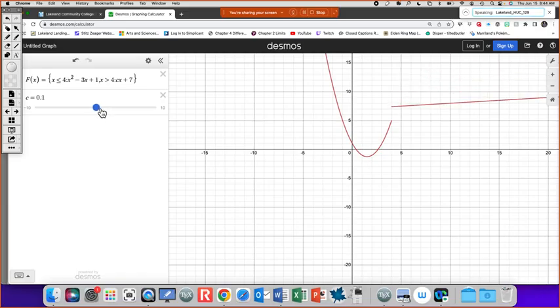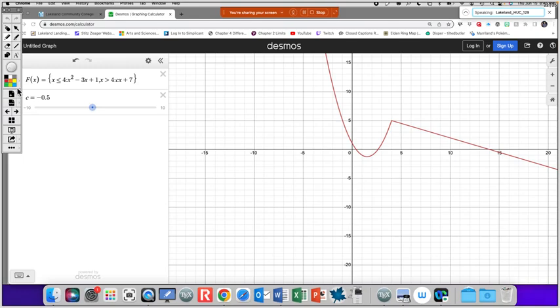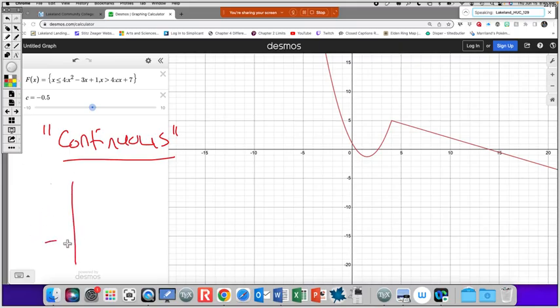Now what we're trying to do is figure out the value of c so that the function's continuous. So if the function's continuous, then that means what? Everything matches up. You follow? This is how they often describe it.